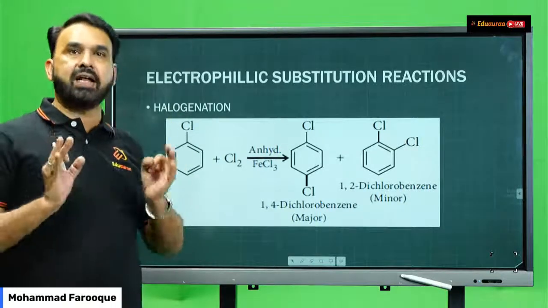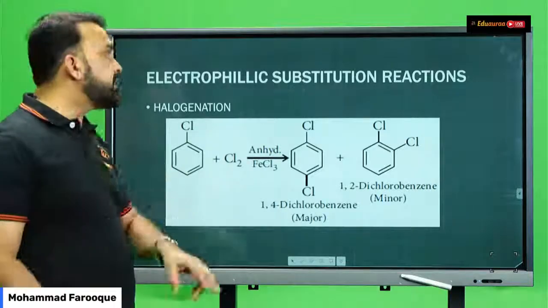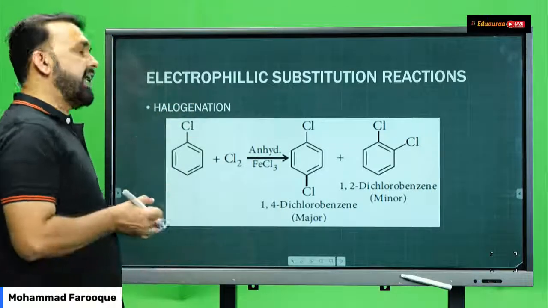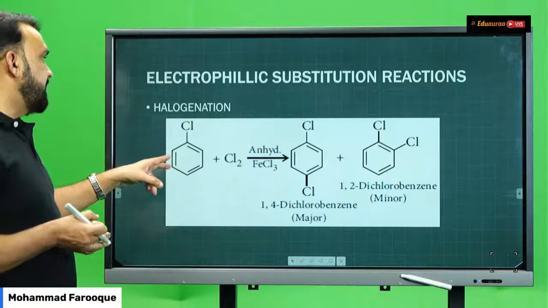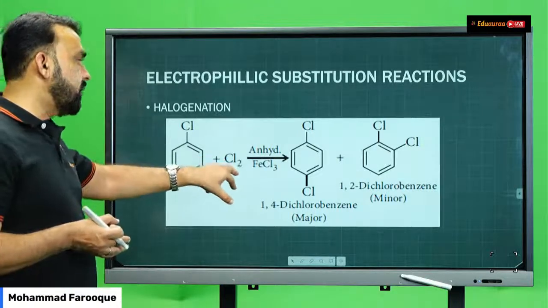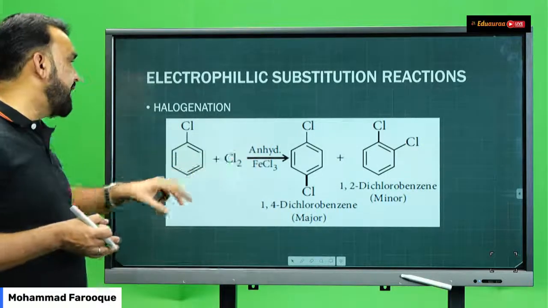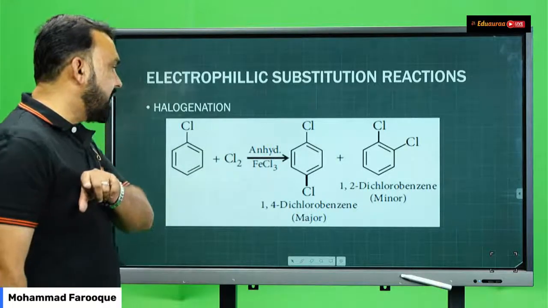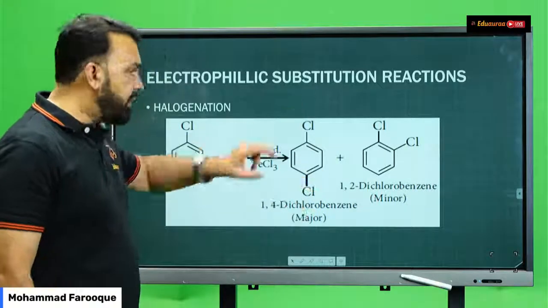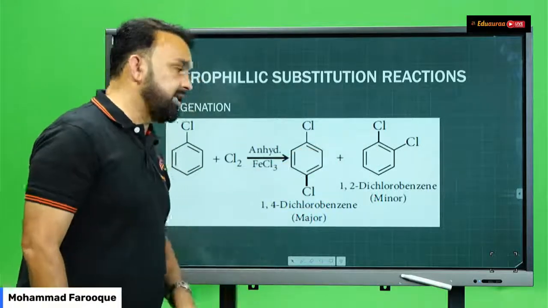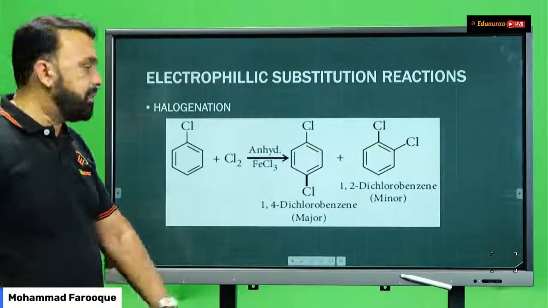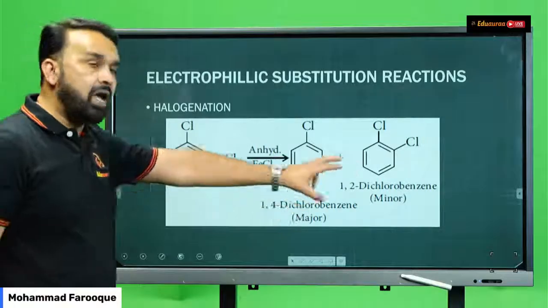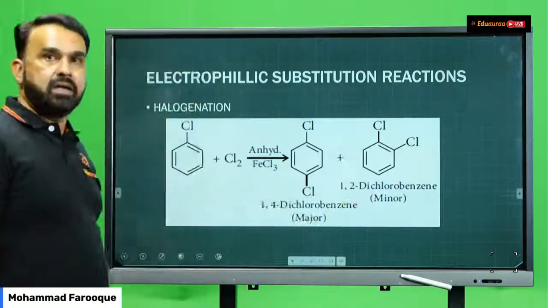Most organic compounds undergo these types of electrophilic substitution reactions. In halogenation, chlorobenzene reacts with a chlorine molecule in the presence of anhydrous AlCl3 and you get a mixture of para-dichlorobenzene and ortho-dichlorobenzene. Always remember the para product will be major and the ortho product will be minor.